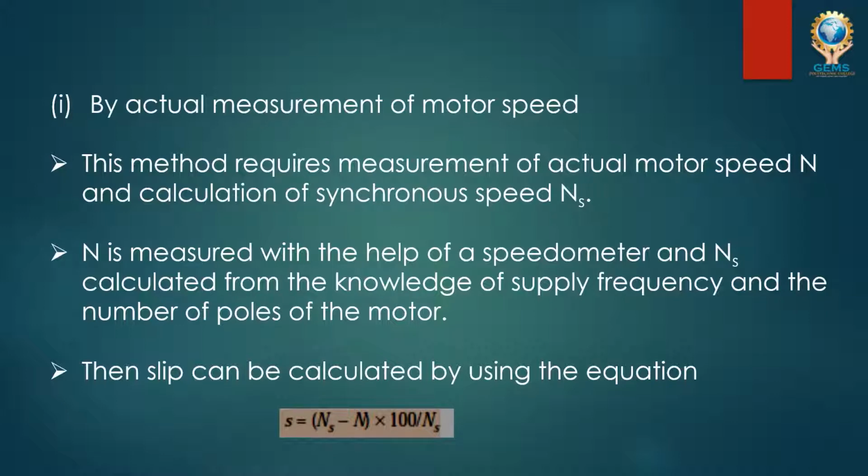by the tachometer. After measuring the speed of the rotor, we can use this formula: s equal to (Ns minus N) into 100. Actually the formula will be like this, s equal to Ns, the synchronous speed, minus N, the actual rotor speed, divided by the synchronous speed.